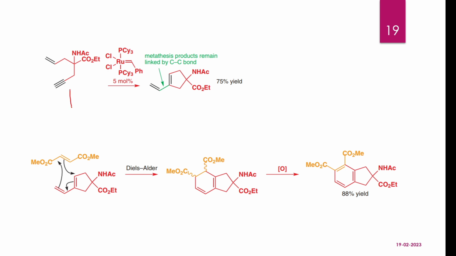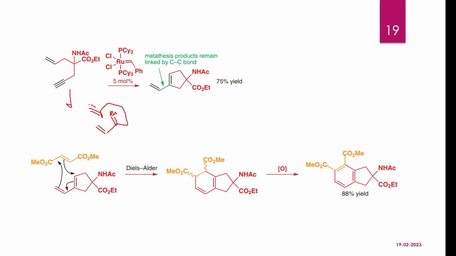After this the ruthenium complex will give this type of moiety, where one will be connected to the ruthenium and one will be a double bond.